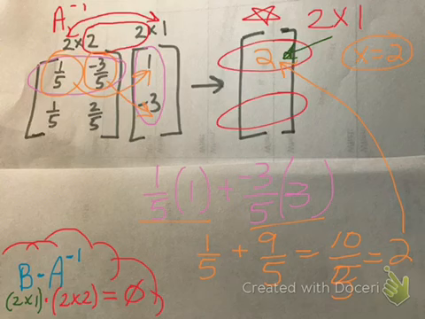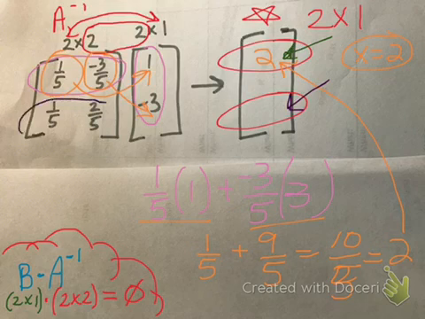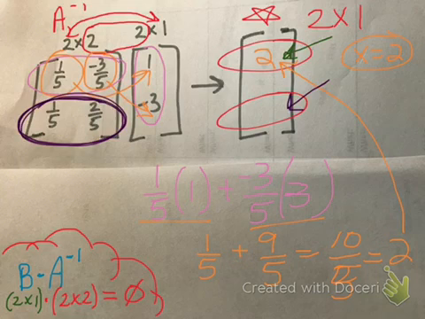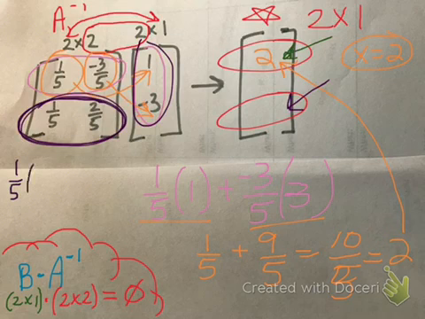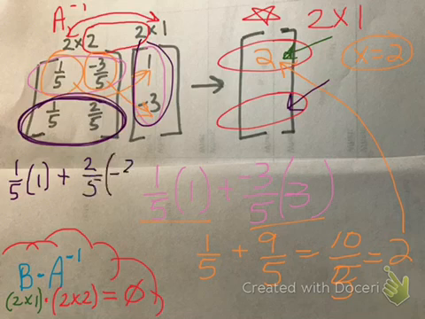Remember, I'm trying to solve for x and y here. All right, now let me switch to dark purple. Now I want this number here. That is the second row in the first column. Remember, it goes row by column. Second row times the first column here. So 1/5 times 1 plus 2/5 times -3.